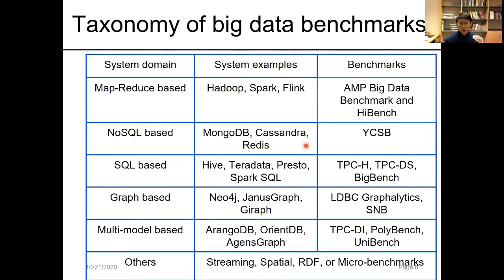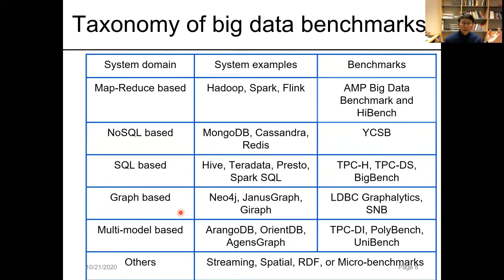For NoSQL databases, the systems include MongoDB, Cassandra, and Redis, and the benchmarking systems include YCSB. For SQL-based systems, the systems include Hive, Teradata, Presto, and Spark SQL, and the benchmarking systems include TPC-H, TPC-DS, and BigBench.